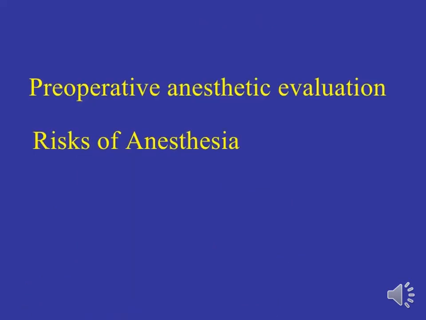For the preoperative anesthetic evaluation, you must prepare the patient before anesthesia. You must take a chest X-ray to see if there is any problem like chest infection or asthma, or any problem related to inhalation in general anesthesia.